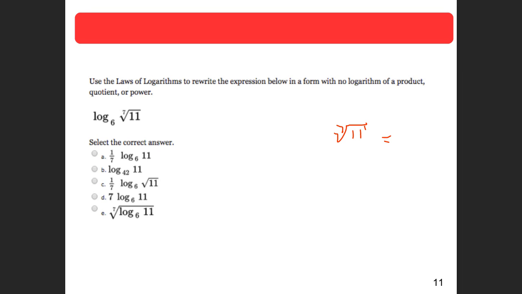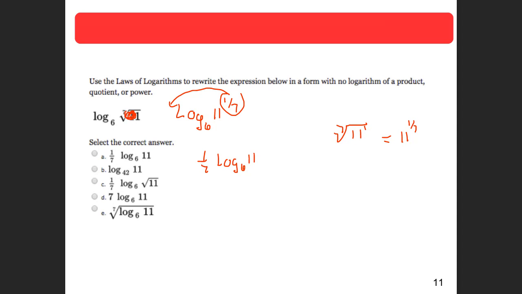So the 7th root of 11 is the same thing as 11 to the 1/7 power. So in place of this, I'm going to rewrite this as log base 6 of 11 to the 1/7. Well, I know I can bring the 1/7 to the front. So I'm going to rewrite this as 1/7 log base 6 of 11.